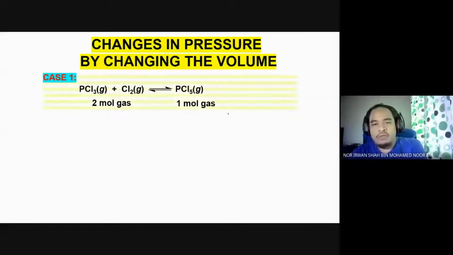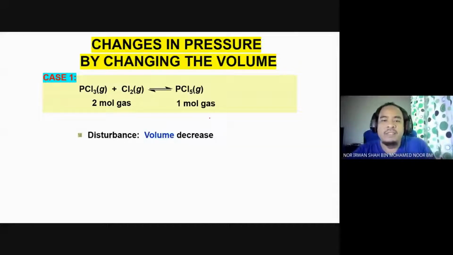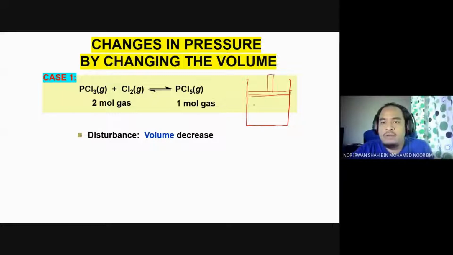Let's see what we do to this system. The disturbance is that we decrease the volume. For example, the three gases are in a container, and on top of this container there is a plunger or a piston. Initially the three gases, PCl3, chlorine, and PCl5, are at equilibrium.